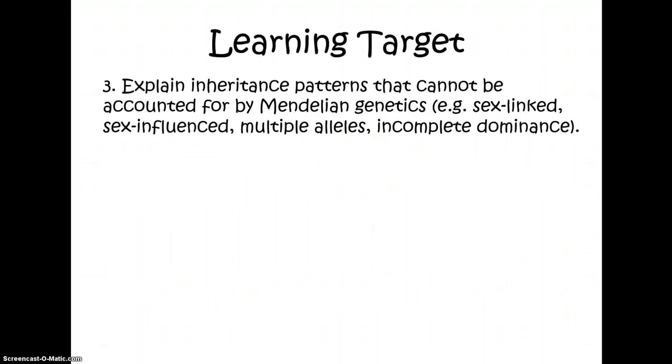Alright, next learning target is number 3. We've been talking about Mendelian genetics. We followed the chromosomal theory of inheritance and his model of inheritance, talked about the law of segregation and independent assortment. And of course, life's not as simple as that.